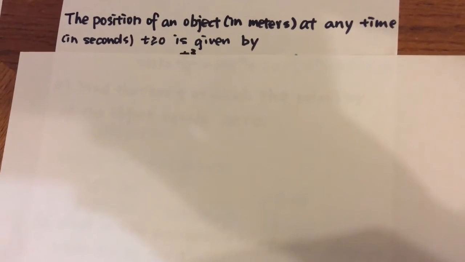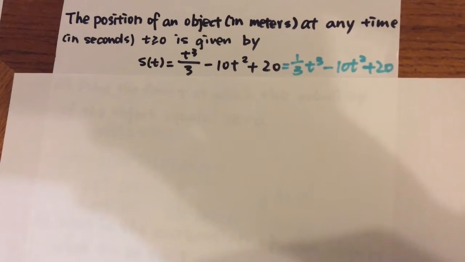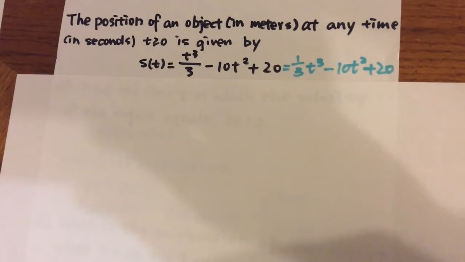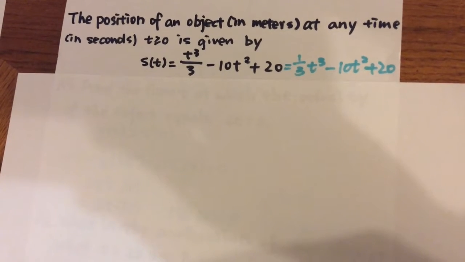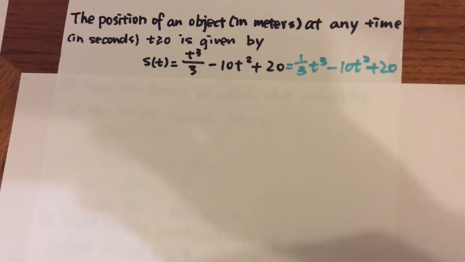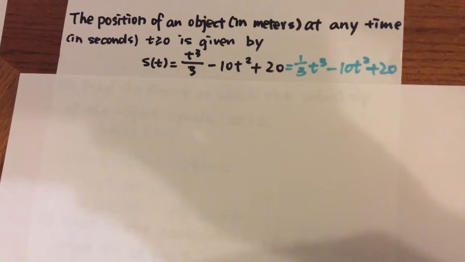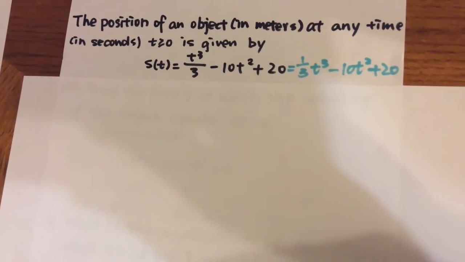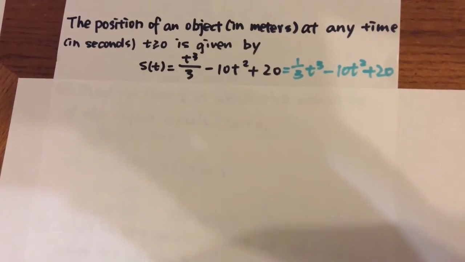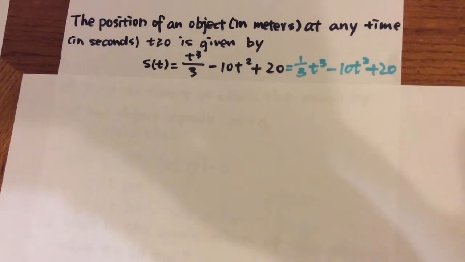The question is: the position of an object in meters at any time in seconds t, greater than or equal to 0, is given by this equation. S(t) is equal to t to the power of 3 over 3 minus 10 times t to the power of 2 plus 20.